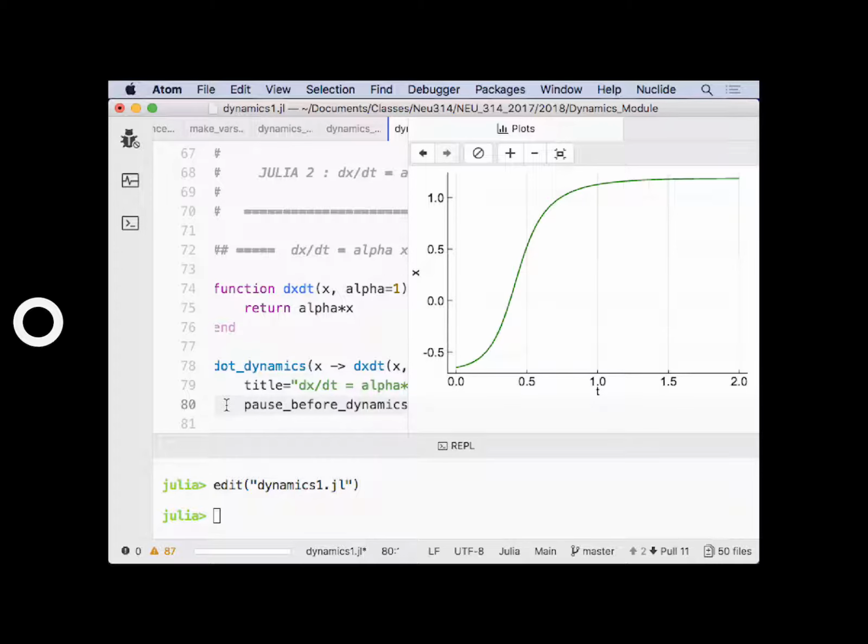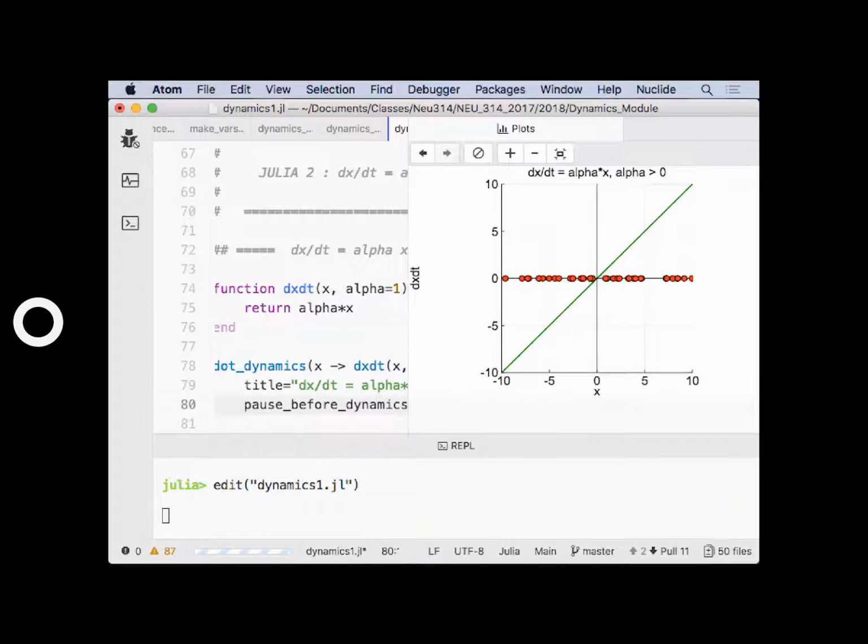And what I'm going to do is I'm going to put a bunch of dots up. So I'm plotting dx by dt as a function of x. Okay? And that's this green line. Sorry, this is the case where alpha is bigger than 0. That's why the green line slope is positive.